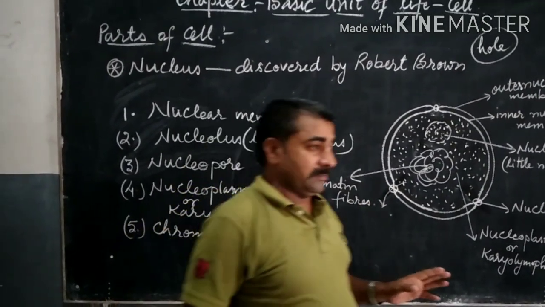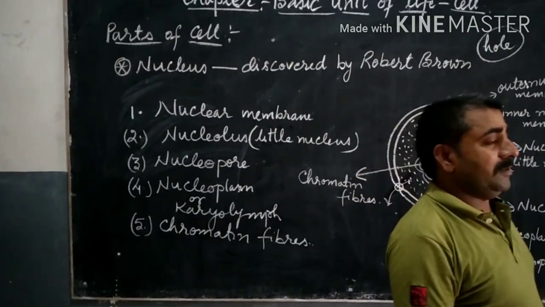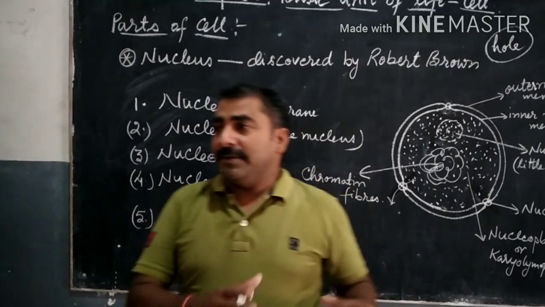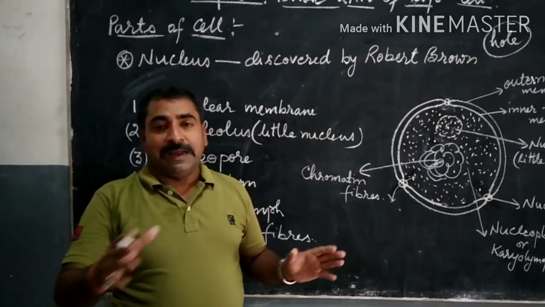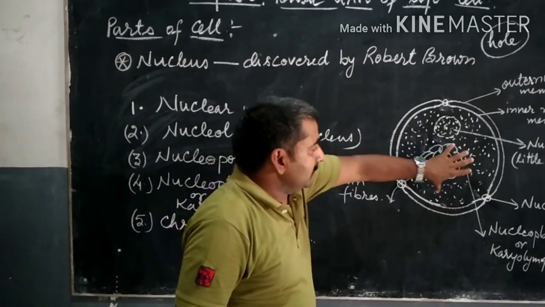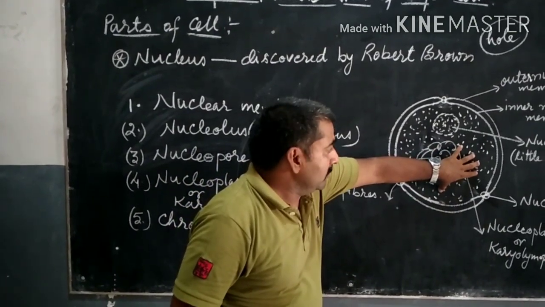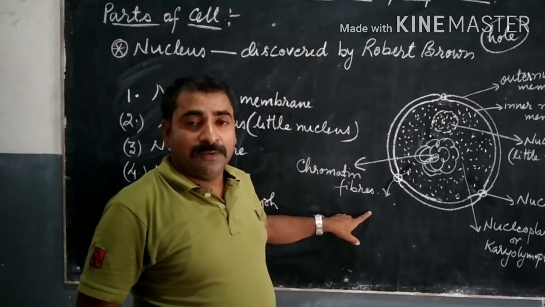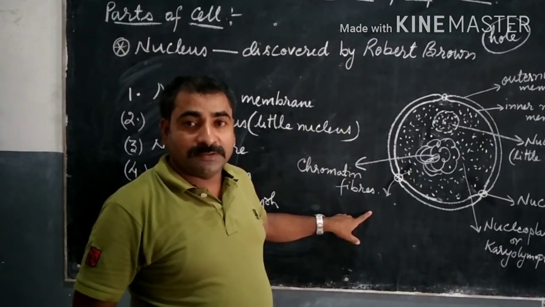Mainly, the material synthesized inside the nucleus is RNA. RNA is synthesized in the nucleus, but it is required in the cytoplasm for the synthesis of proteins.